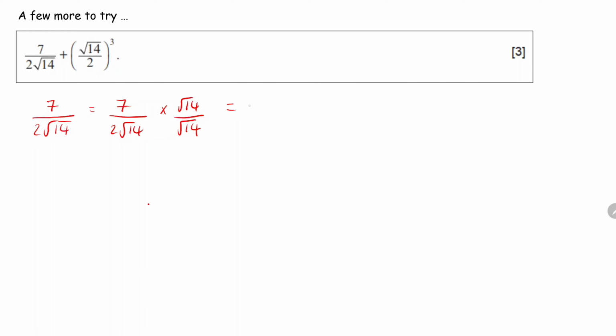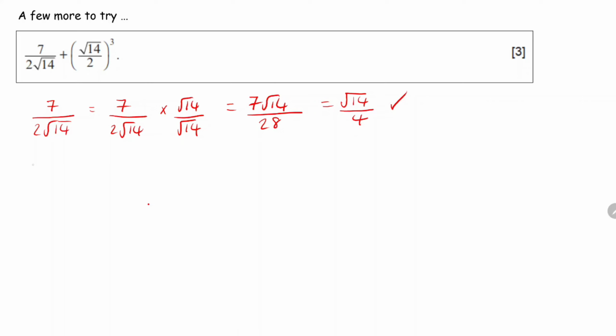The top goes to 7 root 14. Root 14 times by root 14 is 14. You times that by 2, gives you 28 at the bottom. Now, 7 over 28 can be simplified to a quarter, so this first term goes to root 14 over 4.